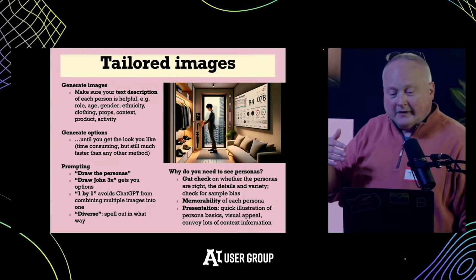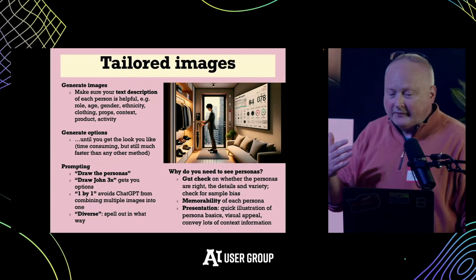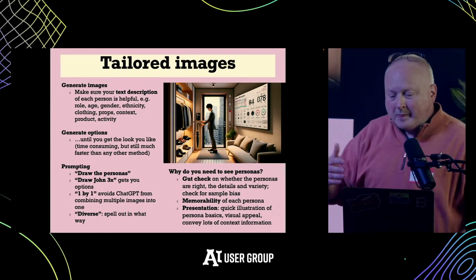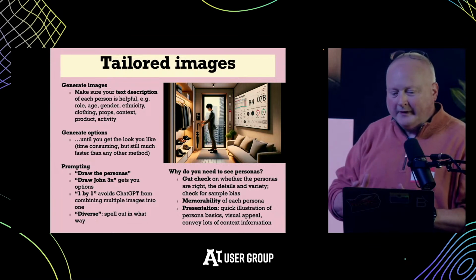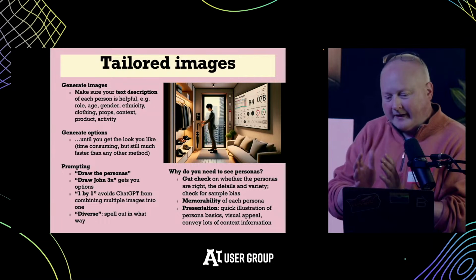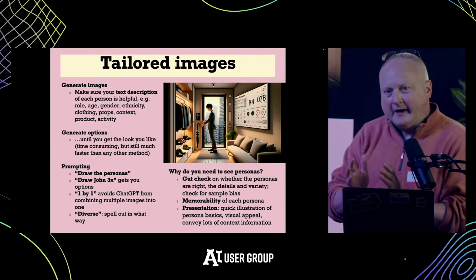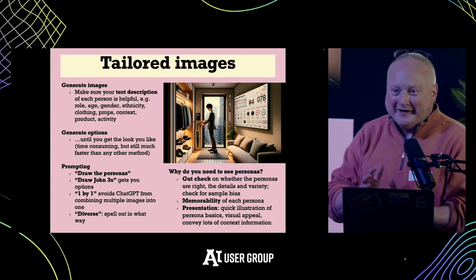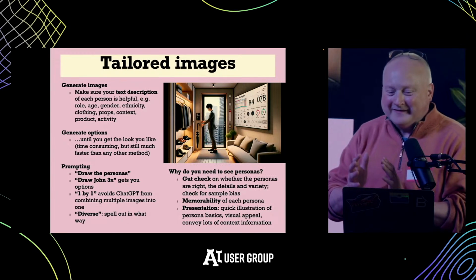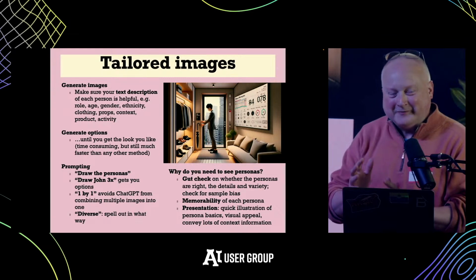So that's what I want to say is special about these images. A lot of people make personas which are just like a picture of a head. And the picture of the head doesn't help much at all. And you might as well not have a picture. It tells you what their hair color is and whether it's male or female maybe, but it's not really getting much across.